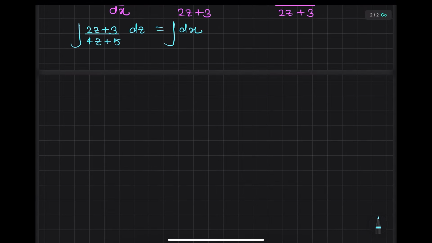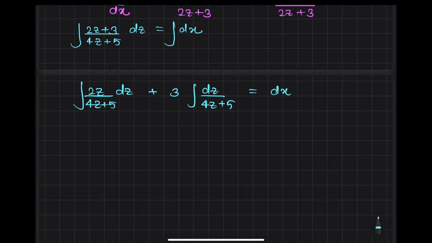We will break down this question into two parts. So we have the integral of 2z upon (4z plus 5) dz plus 3 times the integral of dz by (4z plus 5) is equal to the integral of dx.